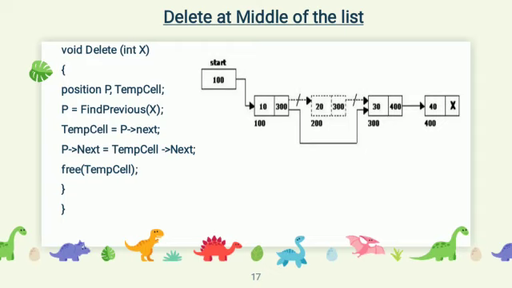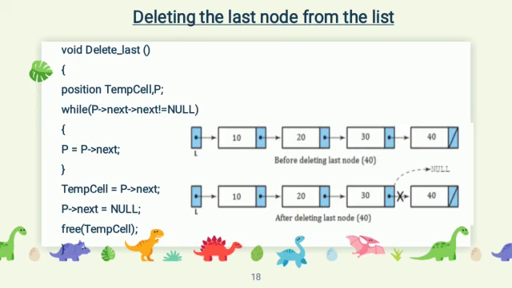We find the previous node's position by using the find previous function. Next we set temp cell as the next node of p node, that is the previous node. Now we change the next value of temp cell to the next value of the previous node. Now the temp cell is free, so we delete the temp cell easily from the list.